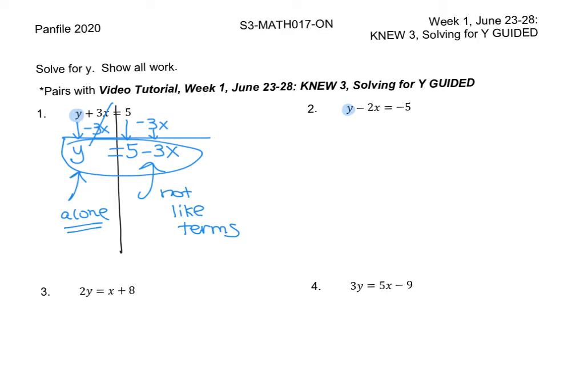But she's not. She's got this negative 2x attached. Okay? So we circle, draw the river, move away the negative 2x. How do we do it? We add the 2x to both sides. Well, I'm going to do it right underneath here because those are like terms.